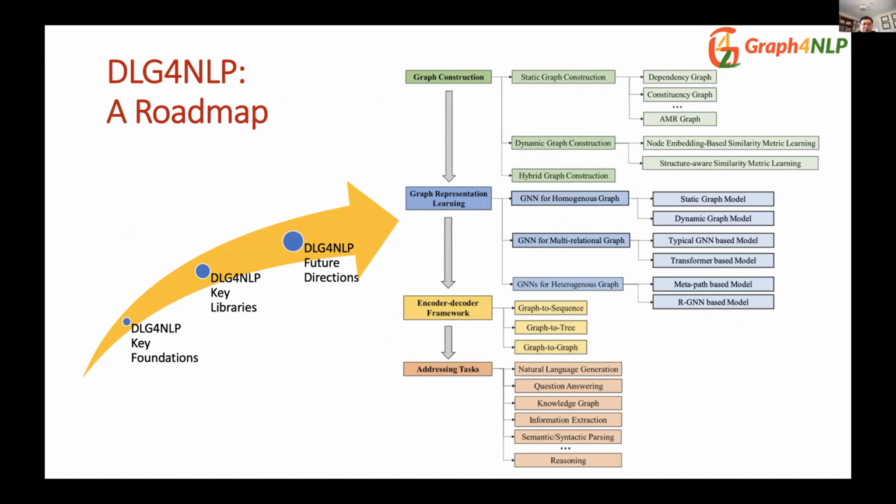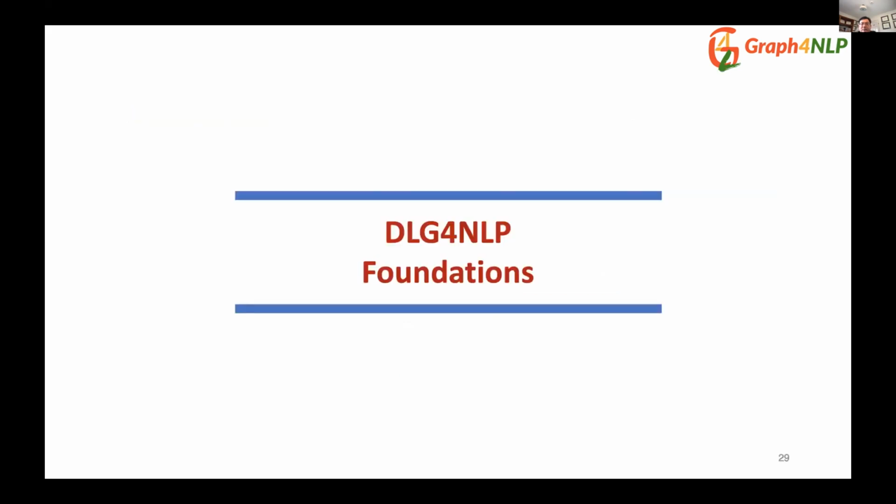Finally, we'll go through a lot of different applications to illustrate how to leverage the power of graph nets to tackle various NLP problems. Later we will talk about our key library called the Graph4NLP library, the first library developed for this domain. And finally, we will conclude this tutorial with future directions. And with that, I will give the floor to my colleague Yu to continue this topic.